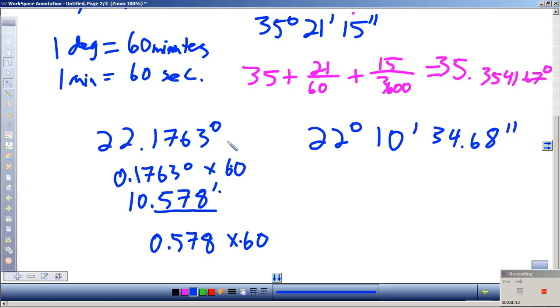So 22.1763 degrees is 22 degrees, 10 minutes, 34.68 seconds. I subtracted 10 because I took that 10 out and put it right here, the same way we took this 22 and put the 22 there.